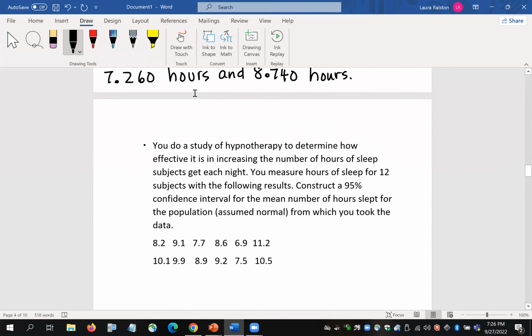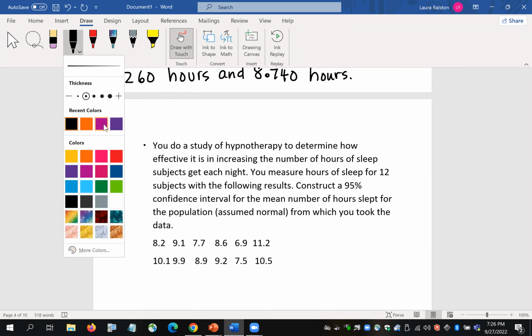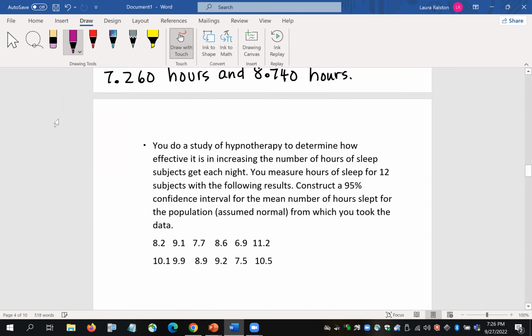But here again, you should recognize it as being the t, because if you read through this statement, nowhere in this story does it mention the population standard deviation, nor does it mention the sample standard deviation, but I have the raw data.